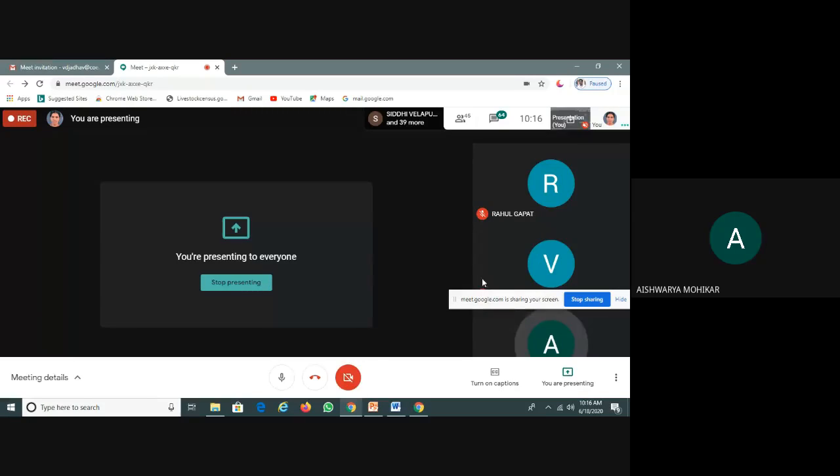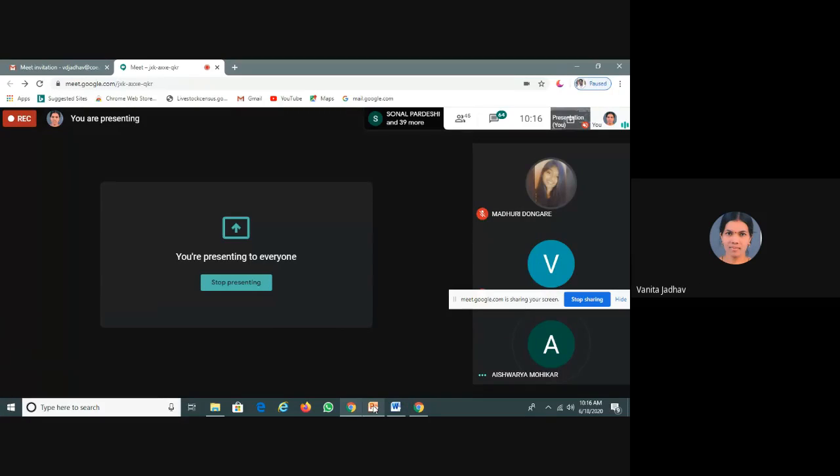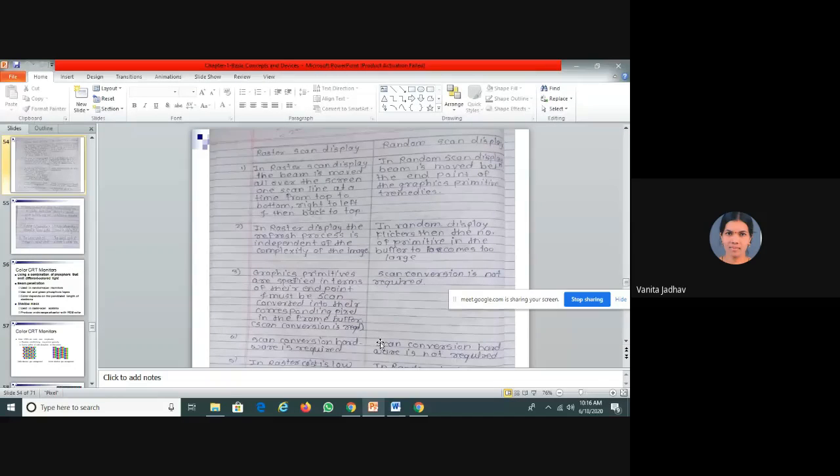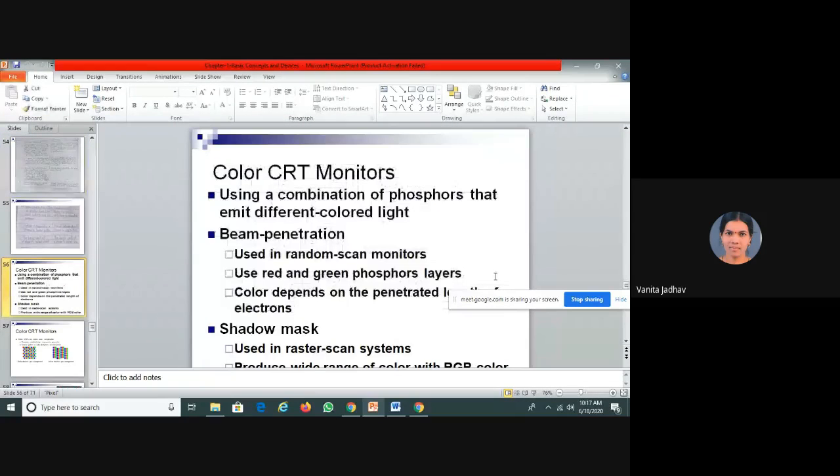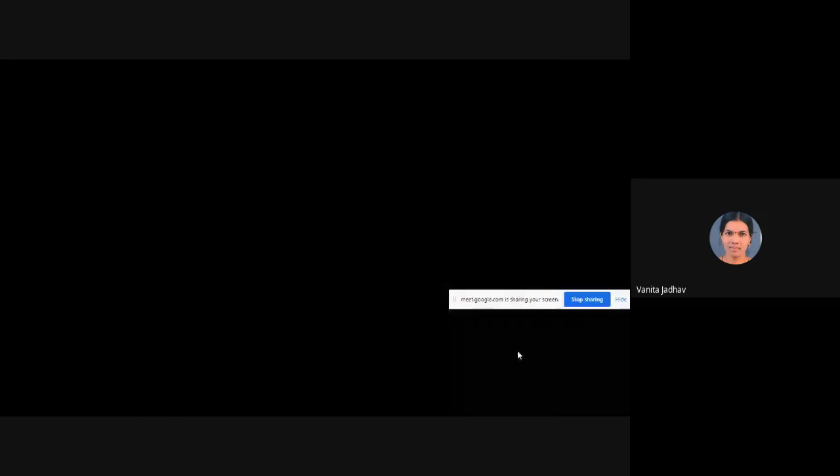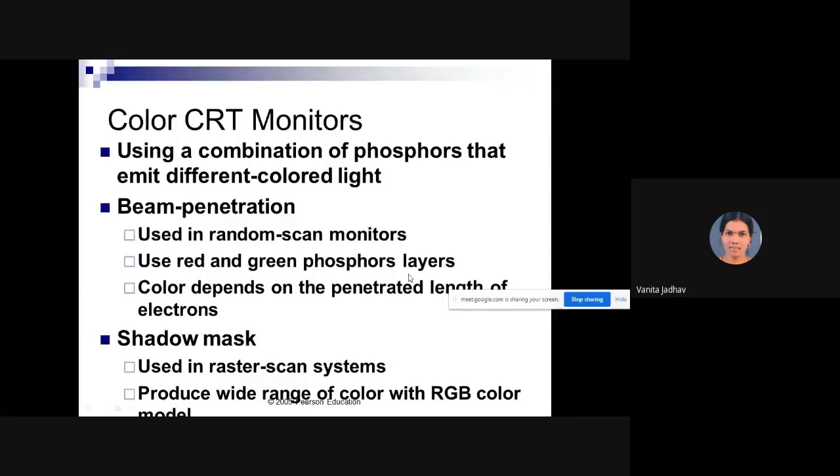Yes, ma'am. Okay. So now we proceed further to the next point. So the next point is nothing but the color CRT monitor. Up till now we discussed the black and white monitor, so we have used only two colors. But if we want to use more than one color, it is nothing but the color CRT.